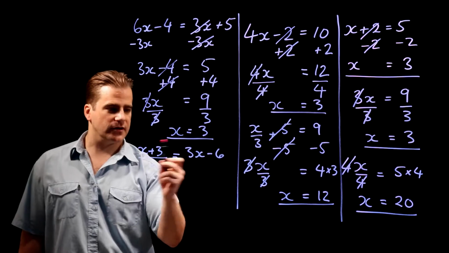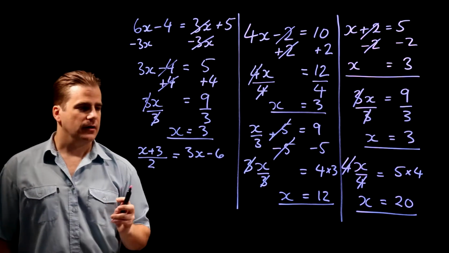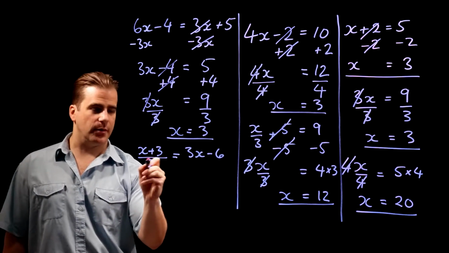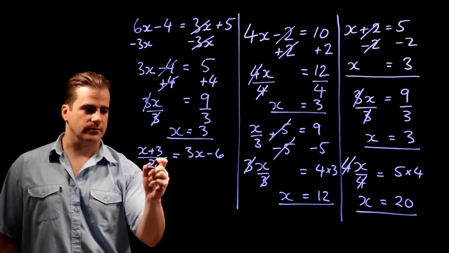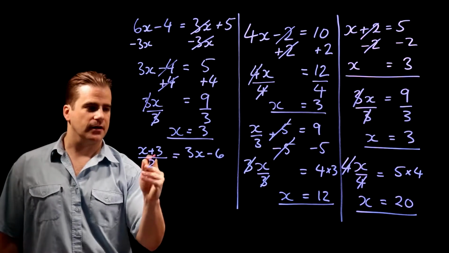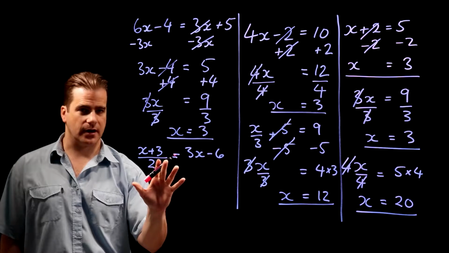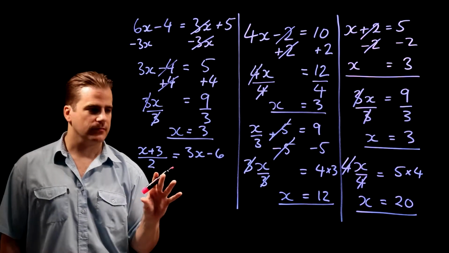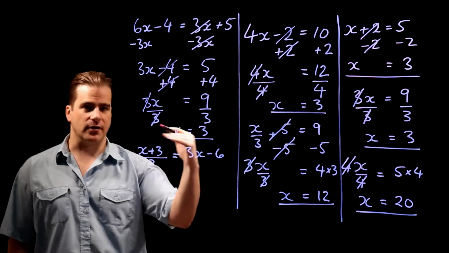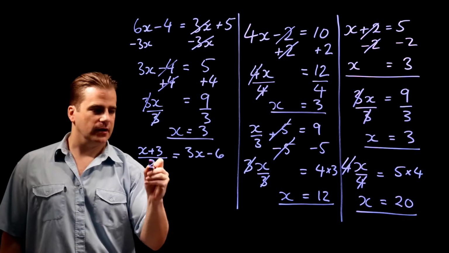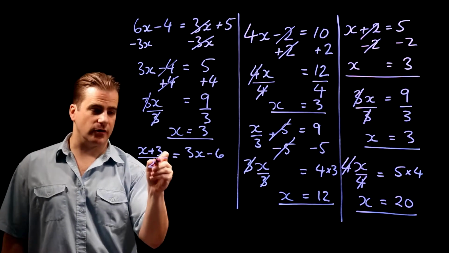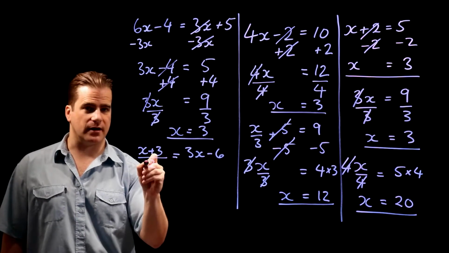Anyway, how are we going to solve this? Generally, when you've got stuff on the bottom, stuff dividing, denominators, deal with them first. Generally. So let's get rid of that. Let's get everything on the top. So to get rid of that, we'll just do the opposite to whatever that's doing to both sides.